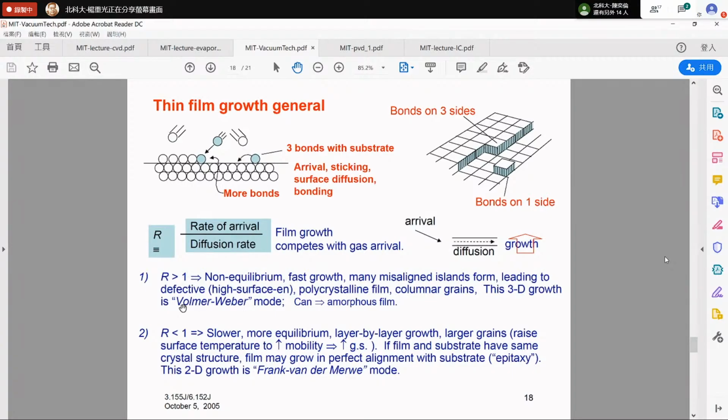This mode we call the Volmer-Weber mode.